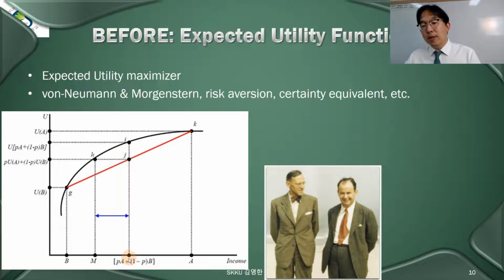What is this? Well, this is the exact probability weighted average between A and B. Probability weighted average: P times A plus 1 minus P times B. That's this point. And if you receive that expected value of the outcomes, for example, I said $1 million if I get heads and $0 if I get tails, what's the average of it? $500,000, half and half chance.